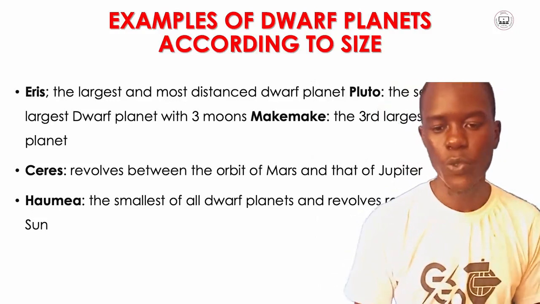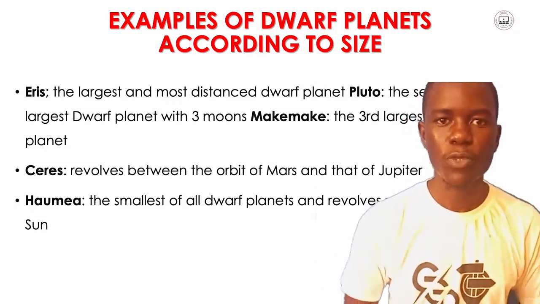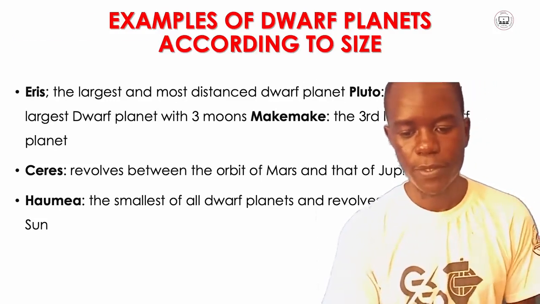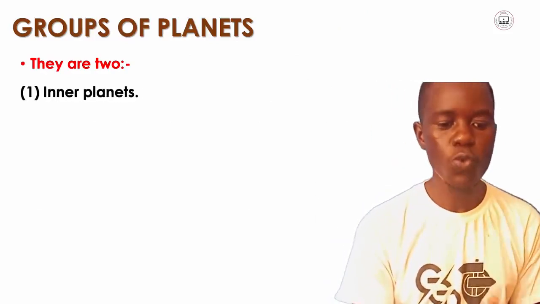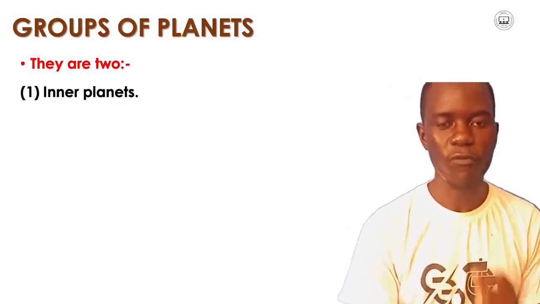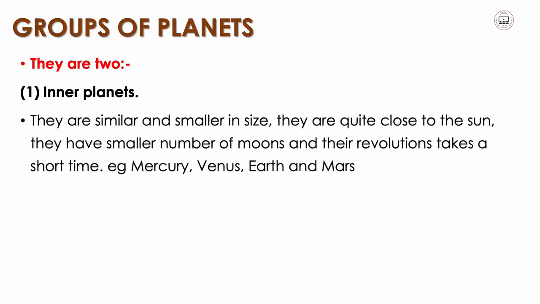Let's proceed by looking at groups of planets. In terms of groups of planets, there are two major groups. The first group is the inner planets.